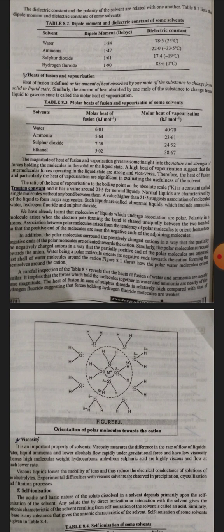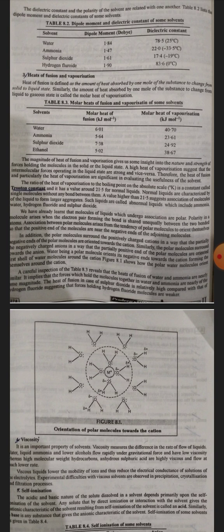Association between polar molecules arises from the tendency of polar molecules to orient themselves so that the positive end of the molecule is near the negative end of the adjoining molecule. In addition, the polar molecules surround the positively charged cation in a way that the partially negative end of the polar molecule is oriented toward the cation.